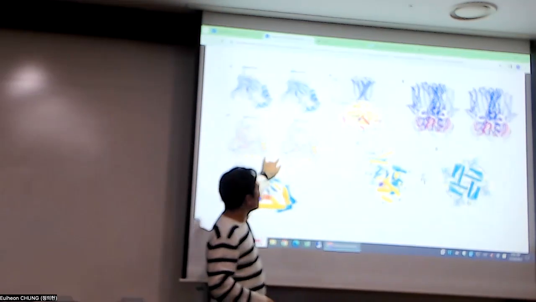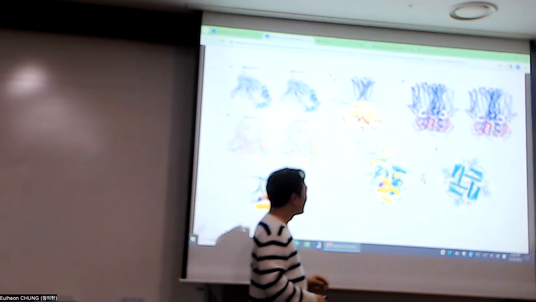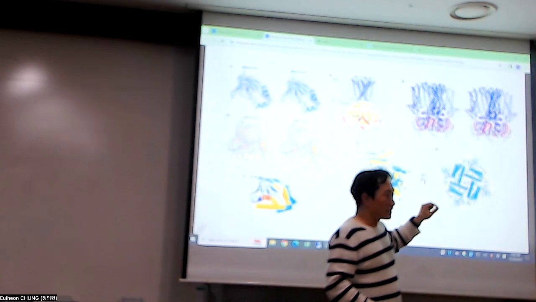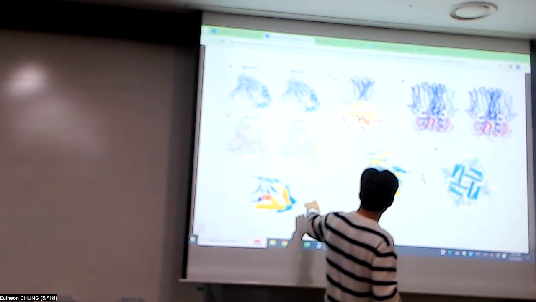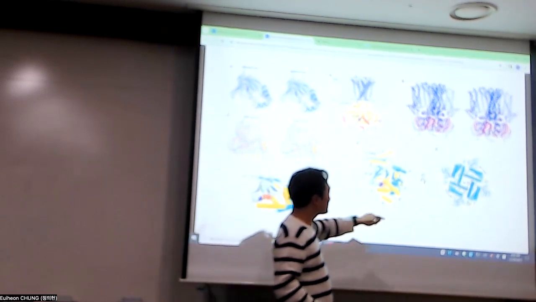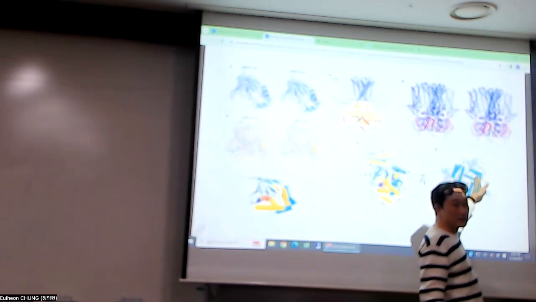If you see it in the 3D image, it's more clear. Structurally, it's actually the same: blue is unbound, yellow is bound.